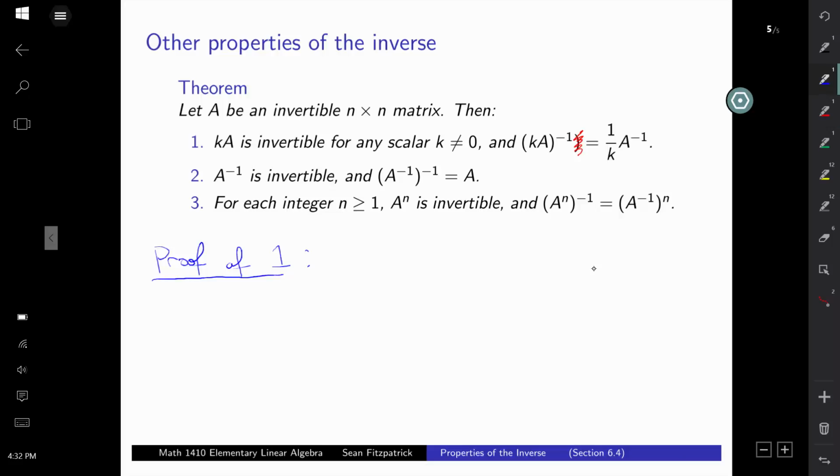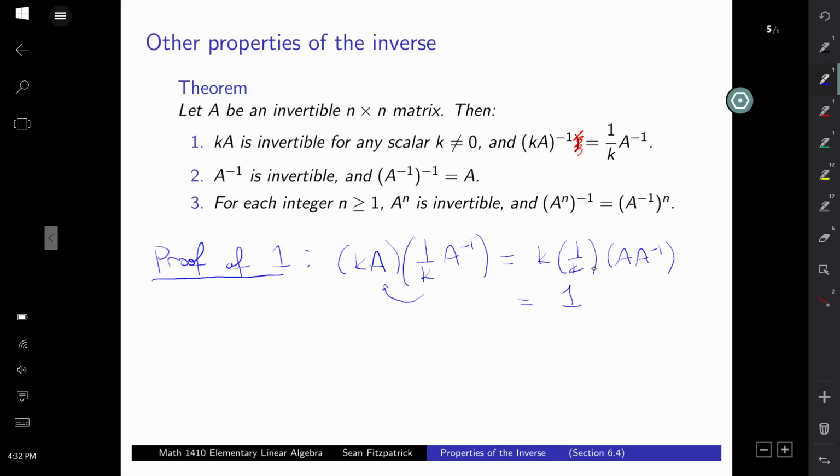I know that because all I have to do is show that these multiply to give me the identity. So I take K times A, and I multiply by 1 over K times A inverse. I know that I can bring scalars out, so this is K times 1 over K times A times A inverse, but K times 1 over K is just 1.